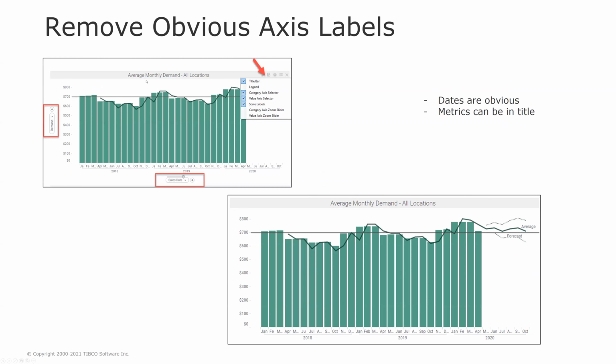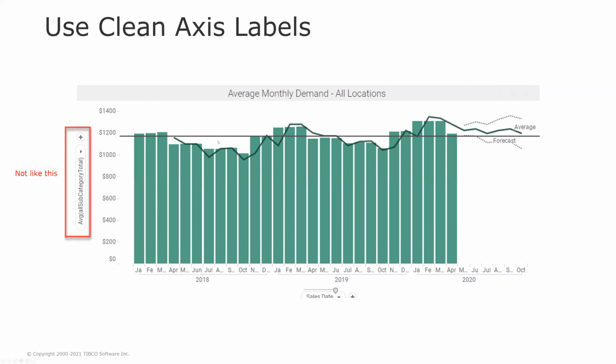If I have monthly demand in my title, then I don't necessarily need the demand axis label, and I don't need the date here because that's obvious. You can remove that from the drop down in the toolbar or in the title bar. Use clean axis labels, as this can make a big difference. This is a messy column name, so I clean up all my axis labels as a last styling polish.